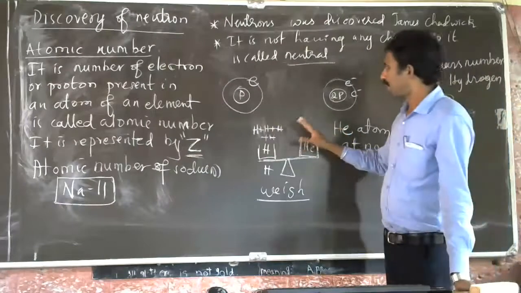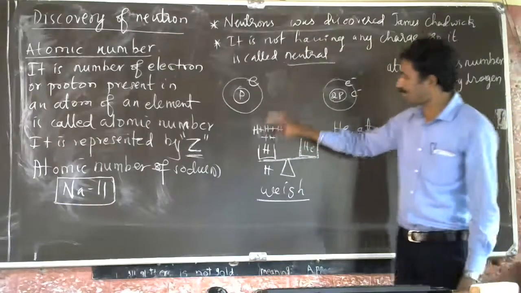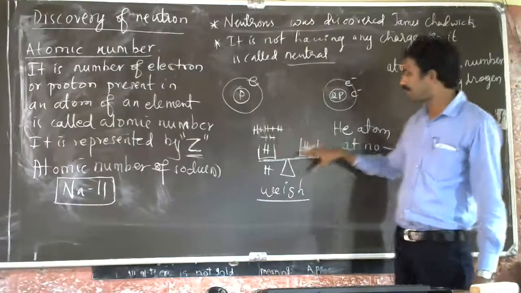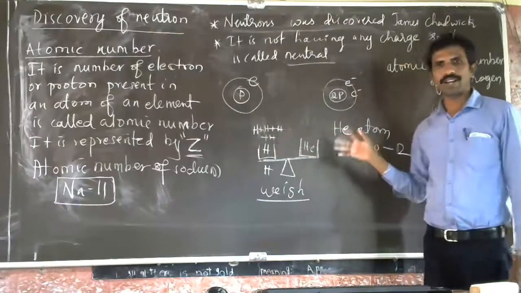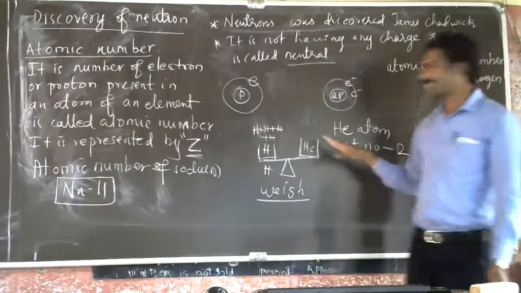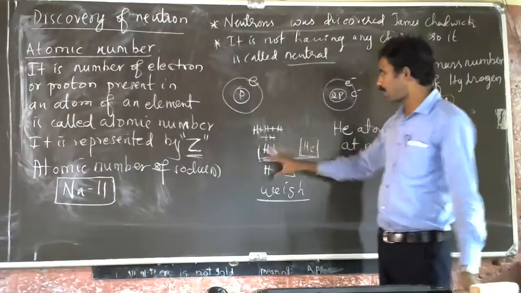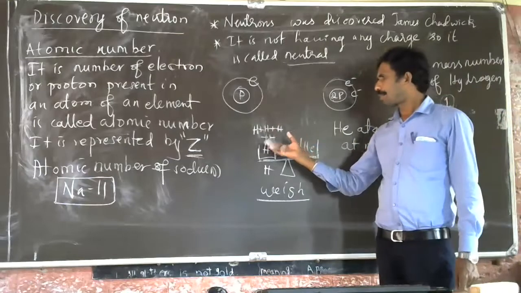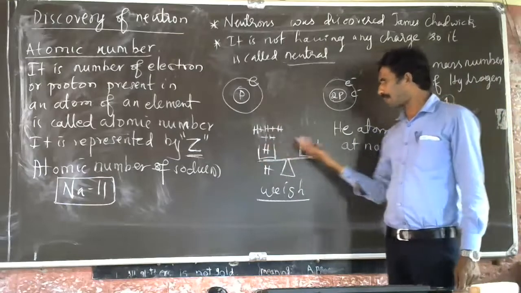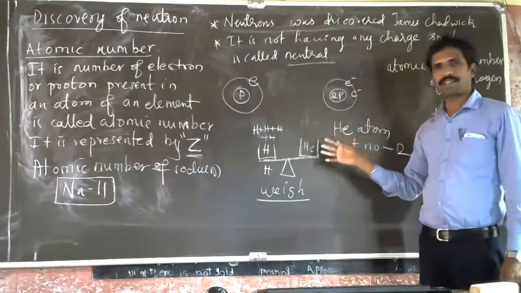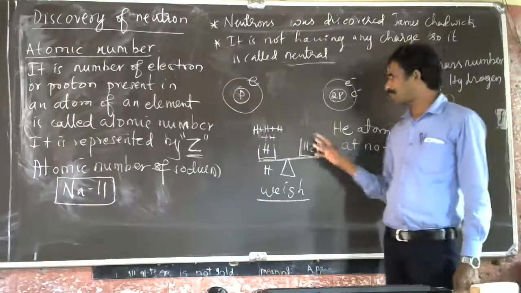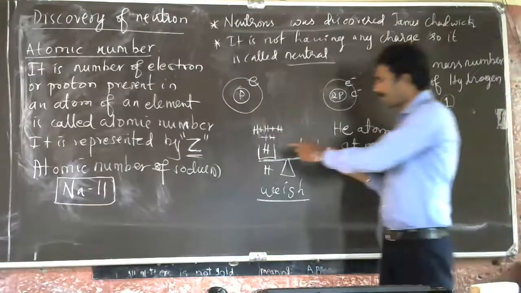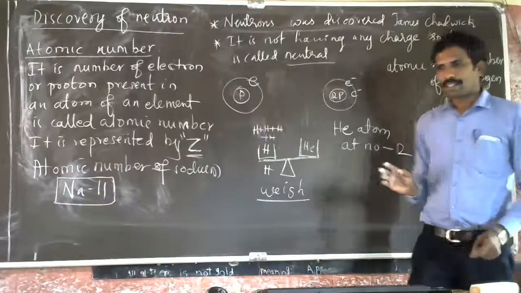But even after putting 4 hydrogen atoms, it was not balanced. Understand my point? When we weigh hydrogen and helium, 4 hydrogen atoms and 1 helium atom should be equal actually. But even after putting 4 hydrogen atoms, the helium does not become equal.